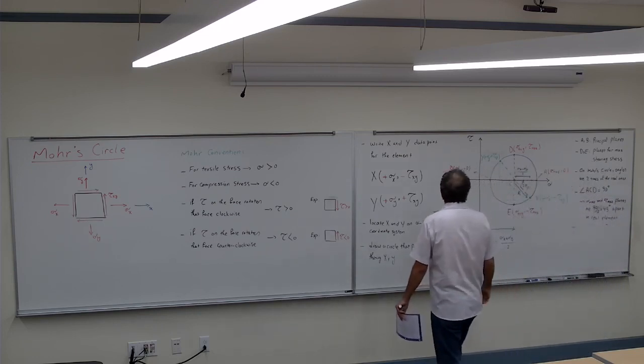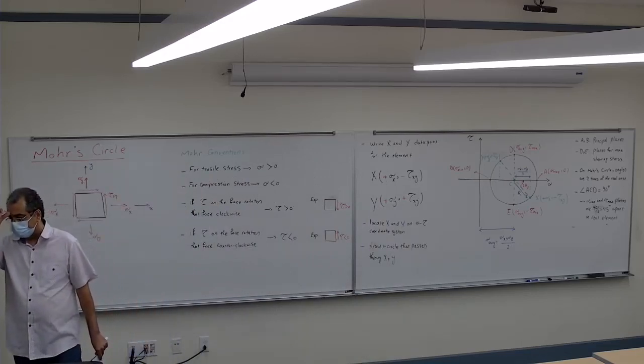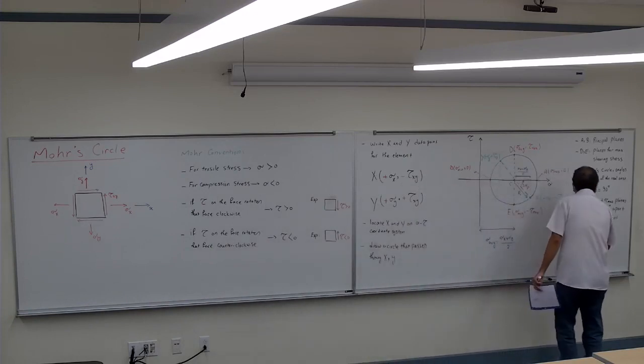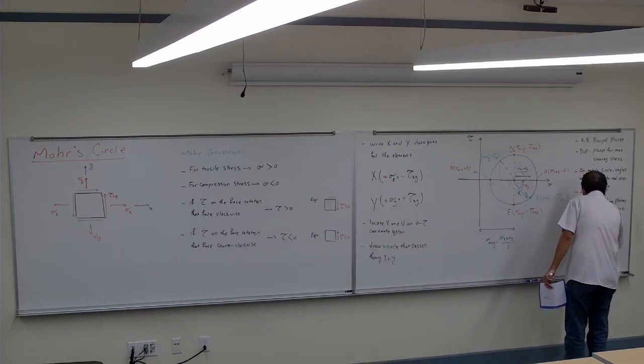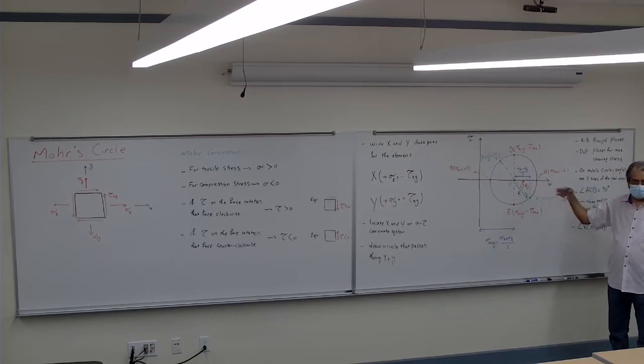Look at the angle XCA. What's the angle XCA? It's 2 theta p. Assume the angle XCA here is 30 degrees. It means that on the real element, if I rotate 15 degrees, I go from where I am to the maximum angle. Now, which direction should I rotate?